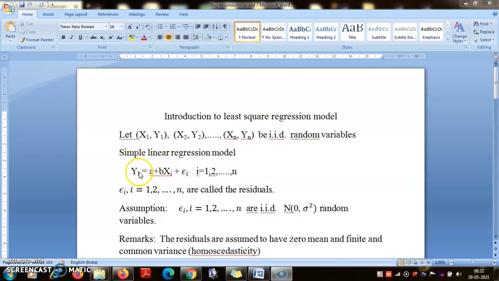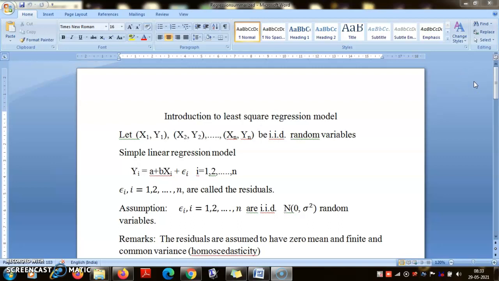So actual values of y will deviate from a plus bxi. So I am adding a residual component. The residual simply is the difference between yi and a plus bxi. So given n pairs of points in the xy plane, you fit a straight line through them. Then given a value on the x-axis, you are predicting the value on the y-axis based on the point on the straight line.